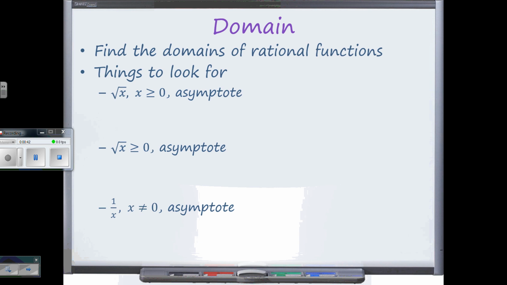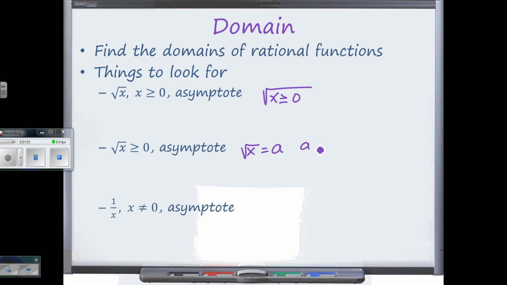As well as the square root itself. So what this means is that what is inside the square root must be greater than or equal to 0. But we also don't want it equaling something that is less than 0, right?